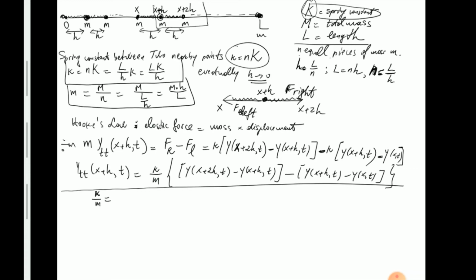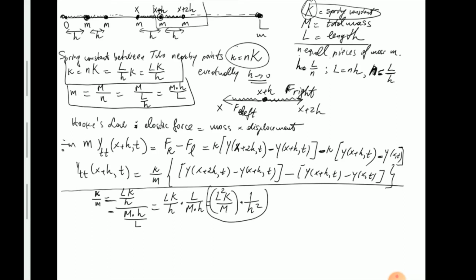Little k, remember, is big K over little h, divided by little m, which is big M times h over L. If I simplify this, this is going to be LK over little h times L over M times h. And let's combine these constants: L squared big K over big M times 1 over h squared.